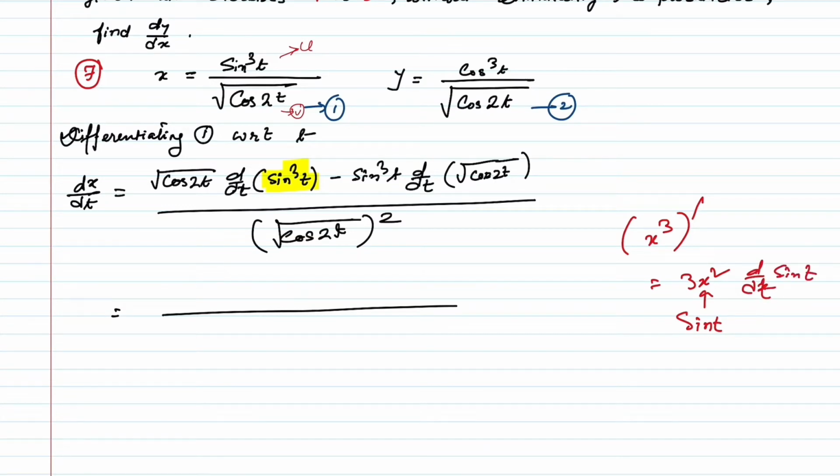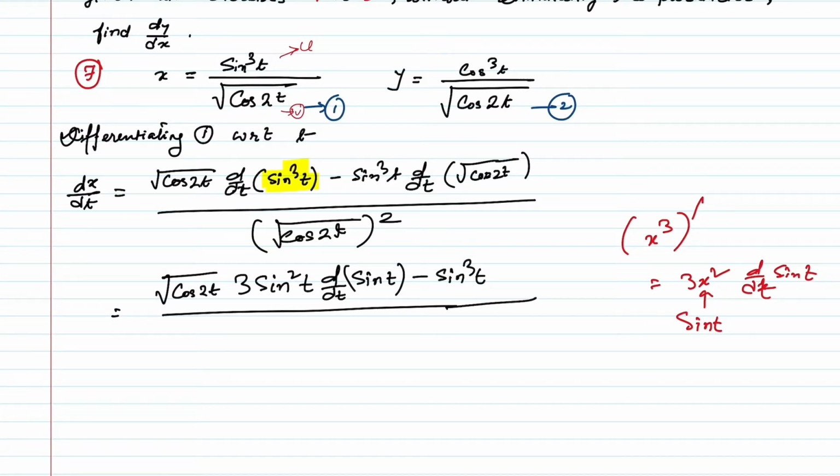So that means you have cos twice t, derivative of sine cube t, 3 sine square t, not only sine t, sine square t, then again derivative of sine t, now minus sine cube t.